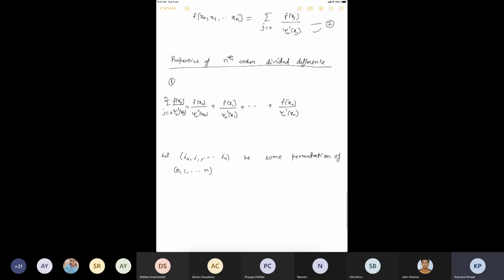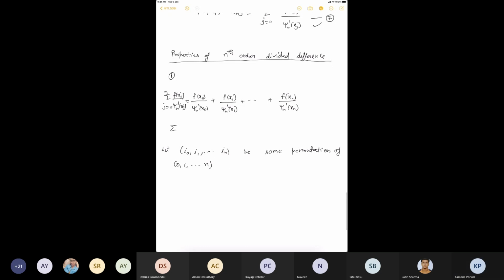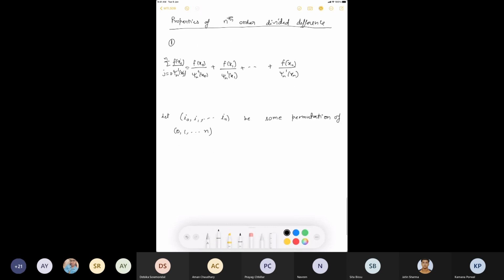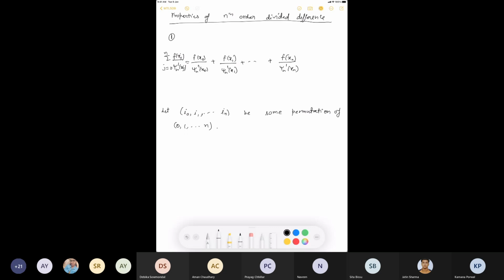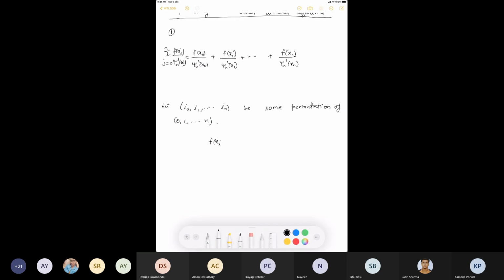Then what can we say about this summation? If I consider the summation over f of x_ij divided by phi prime of x_ij, where j is ranging from 0 up to n.